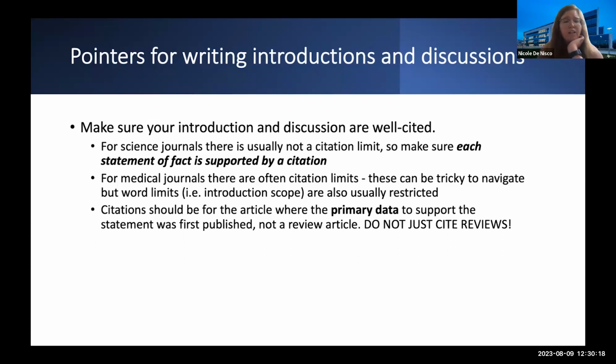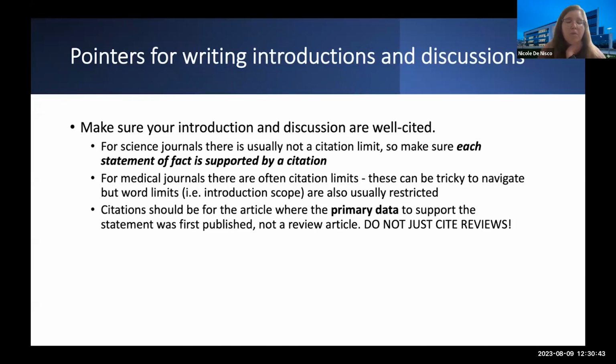And so again, another pointer is that citation should be for the article where the primary data to support the statement was first published and not review articles. And so especially if you're publishing in a basic science journal where there's not really much of a citation limit, you really should be citing the paper where that finding was made, and not a review that talked about it.